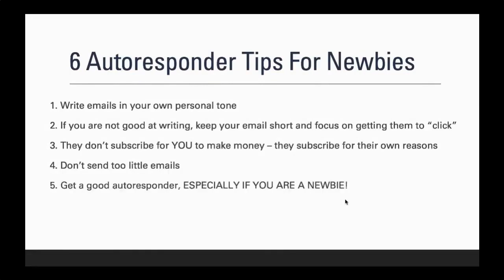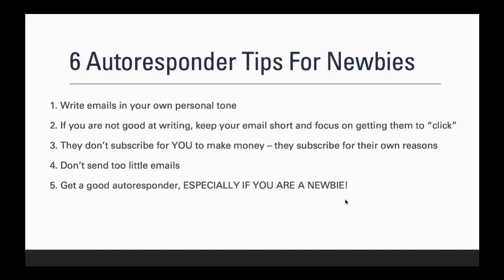Next, for a newbie, get a good autoresponder, especially if you are a newbie, right? Don't try to save the cost, and let me explain to you why. Because your mailing list is your greatest asset. How could you put your greatest asset in a poor system? It's just like if you want to learn about building an online business, how can you save money to learn from a rookie because you just want to save a bit of money?